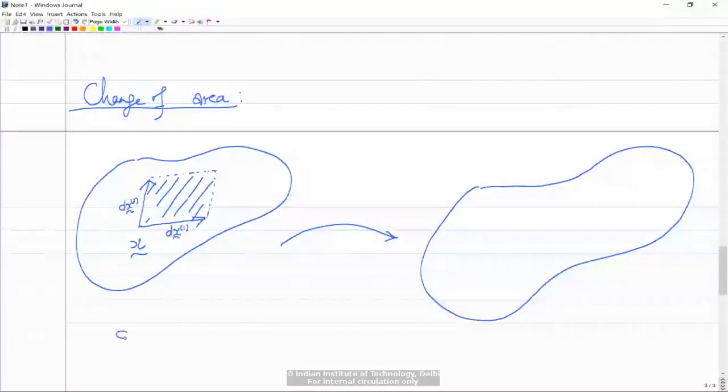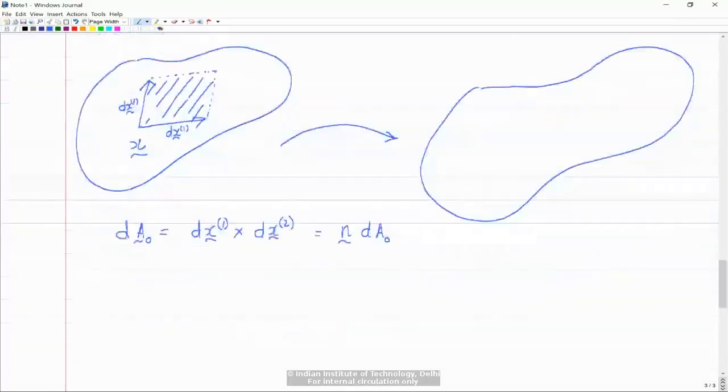So basically you can write, let us say, dA naught as dx1 cross product dx2, and dA naught is the area vector, by the way, which you could also write as N dA naught, where N is the surface normal.